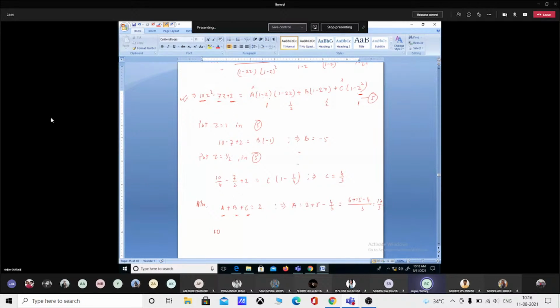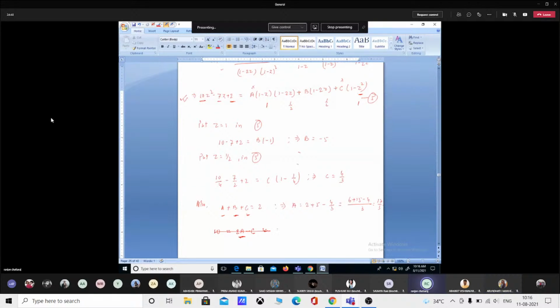And this side you will get plus twice a, sorry, minus c. So this is 10. Now put it here. c is equal to whatever, 4 by 3 you will get. You can get the values of a. Here you have to put the value of both b and c. So you will get the same value. So check this one.